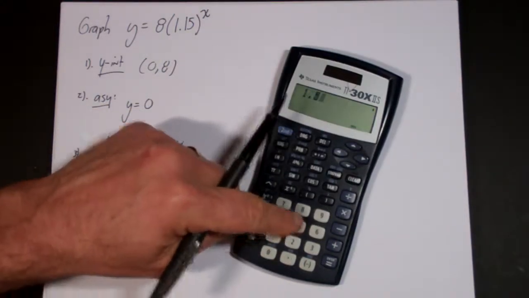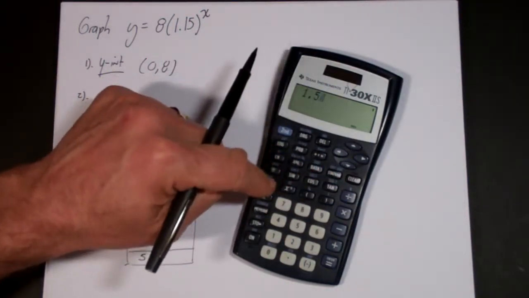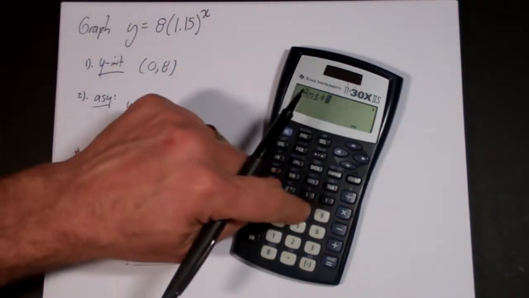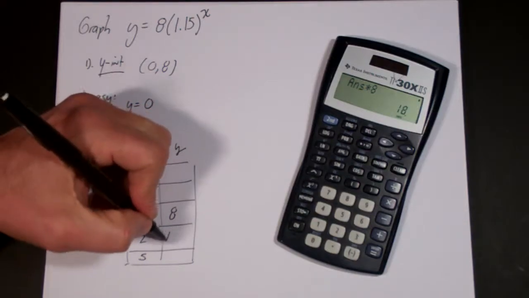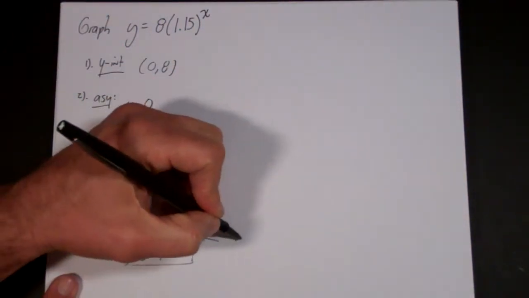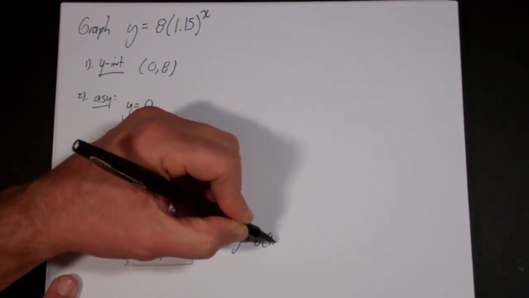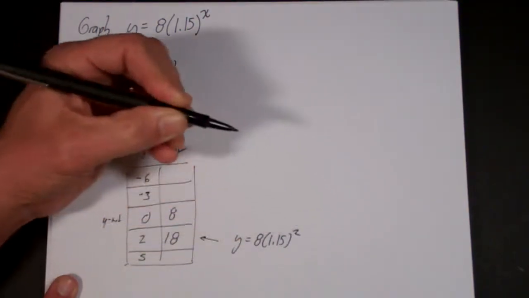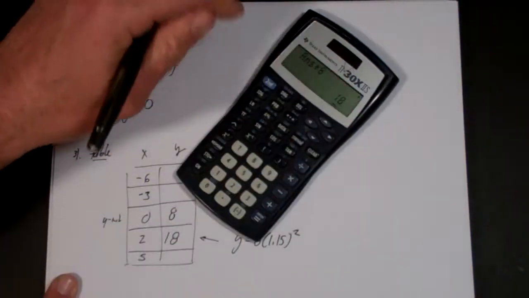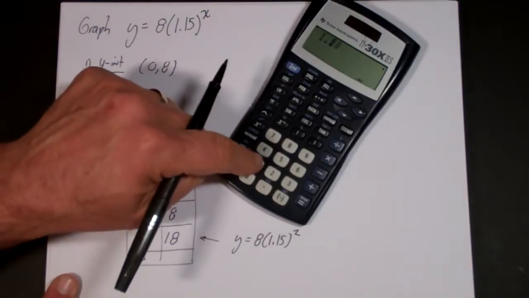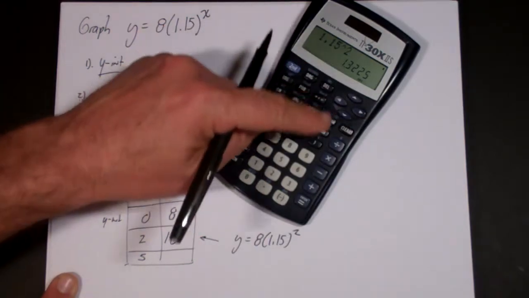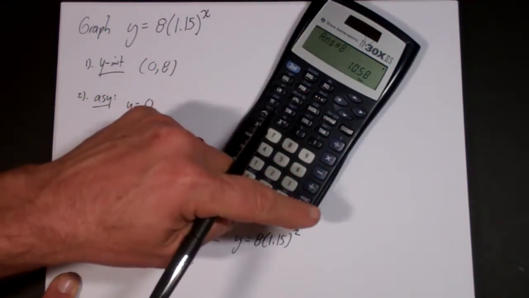So you get 1.15 raised to the 2, and then times 8. So let's just think about how I did that. That's y is equal to 8 times 1.15 raised to the 2. I'm going to plug this in my calculator. I'm going to do this part first, 1.15 squared, and I get 1.3225, and I'm going to times that by 8.